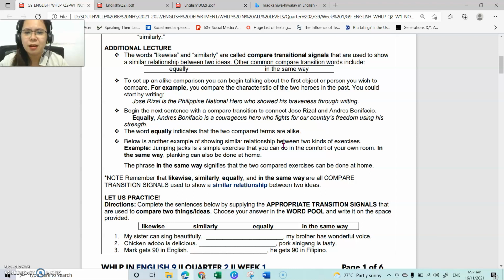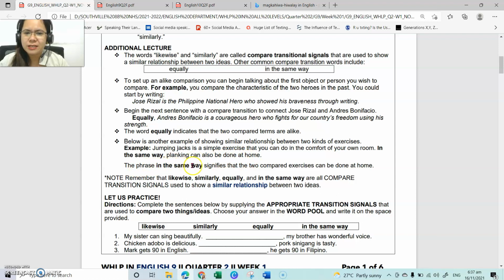They have similarity. Now, below is another example of showing similar relationship between two kinds of exercises. For example, jumping jacks is a simple exercise that you can do in the comfort of your own room. In the same way, planking can also be done at home.